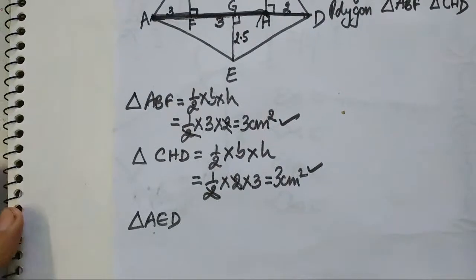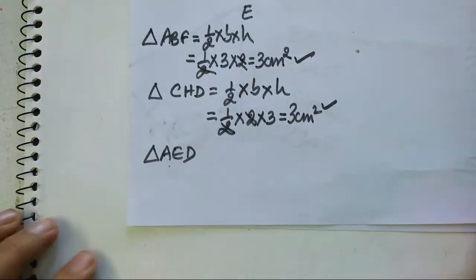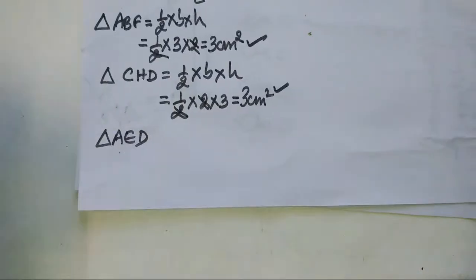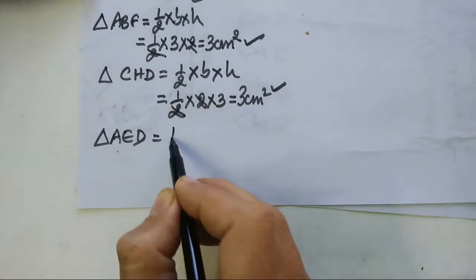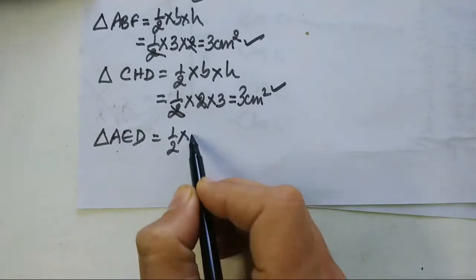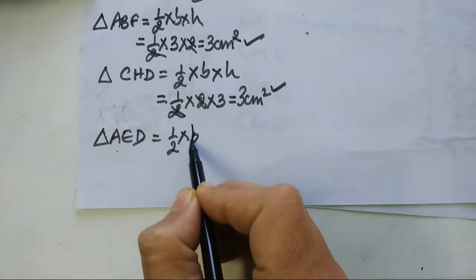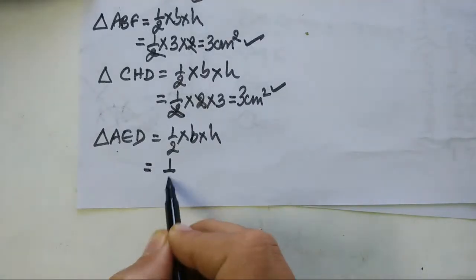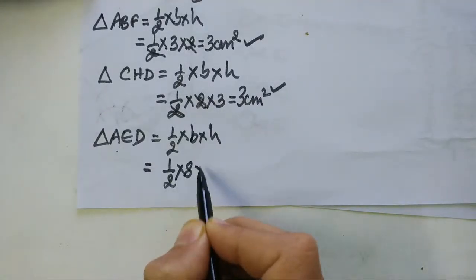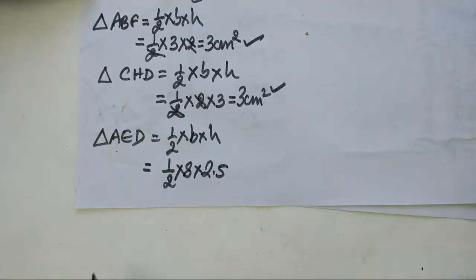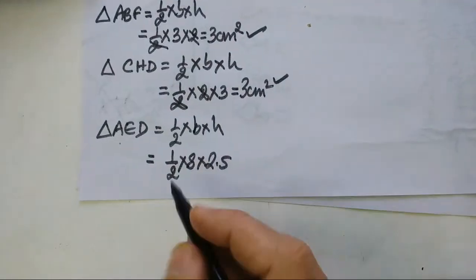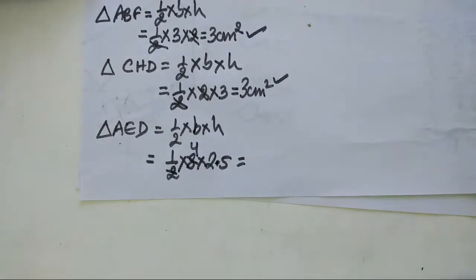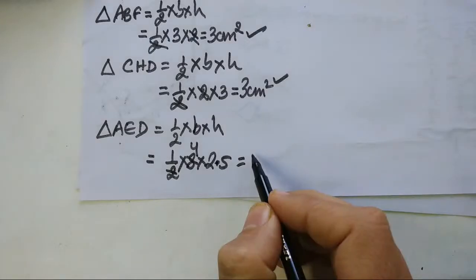Triangle AED is also equal to half into base into height. So half into base into height. The base of the big triangle is half into 8 into 2.5. So now simplify. So 2.5 into 4 is 10.